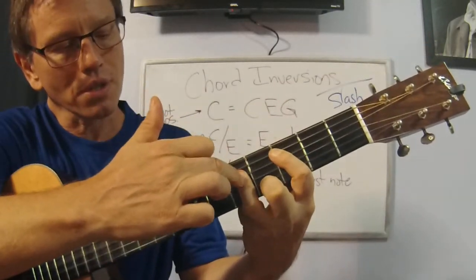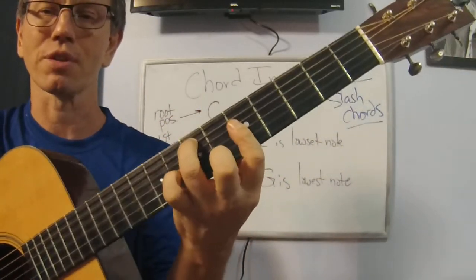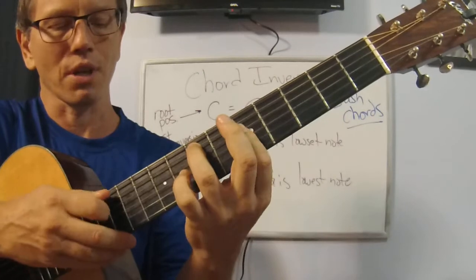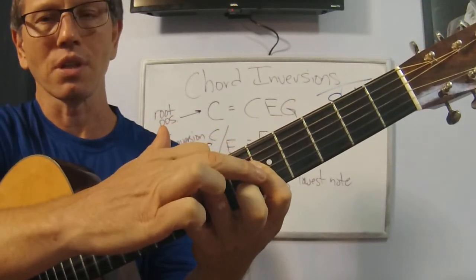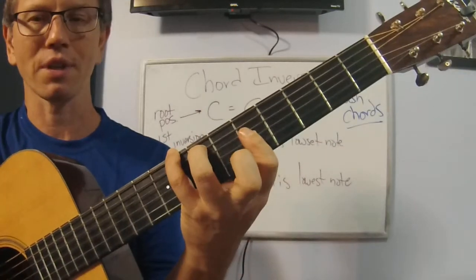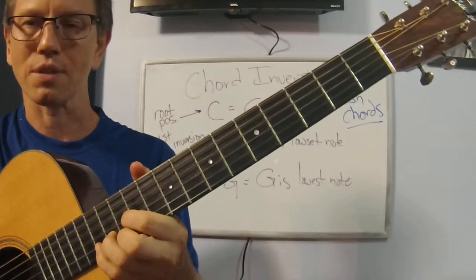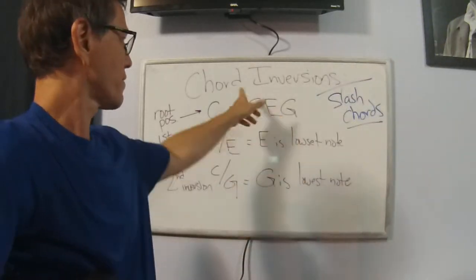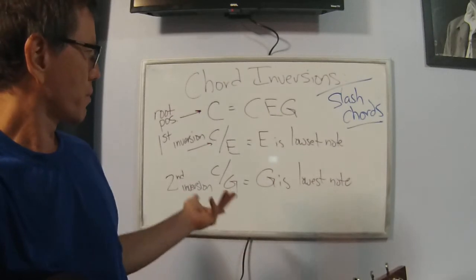C, G, C, E, G. I can play C in this inversion. Not the A on top, sorry. E, G, C, E. I can play C like this, like this, like this, like this. All of those are C chords because they have those three notes in it. And then I played a couple inversions as well.